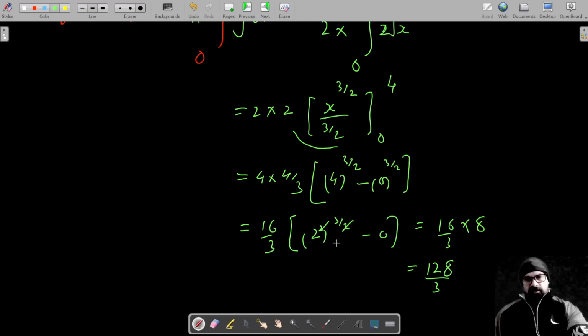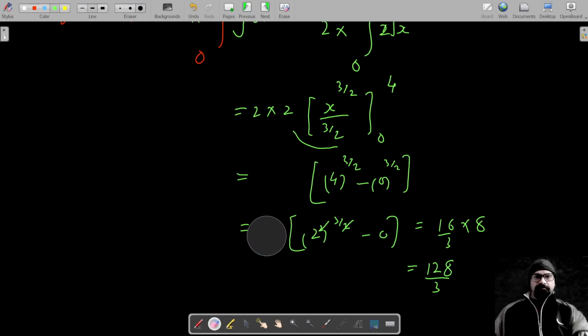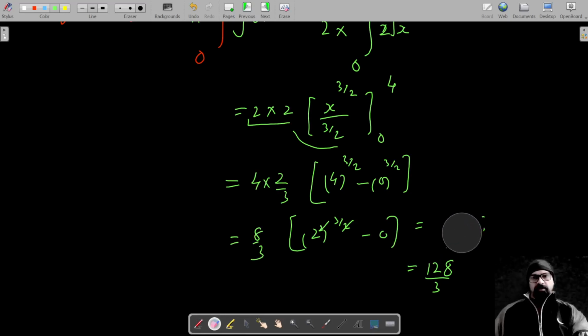So we have the area of the region A2. This is actually 2 by 3. So 2 into 2 is 4, and this is 2 by 3. So this is 8 by 3, and this is now 8 by 3 into 8, which is equal to 64 by 3 square units.